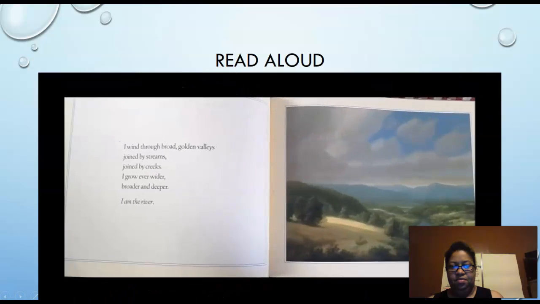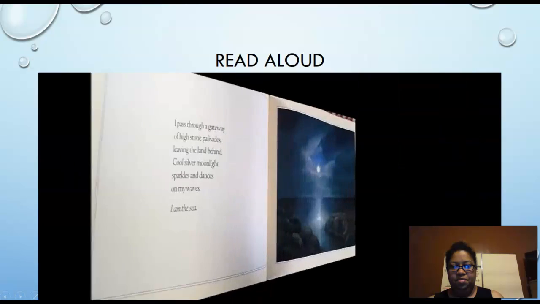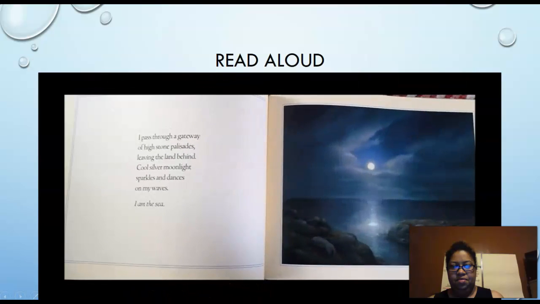I wind through broad golden valleys, joined by streams, joined by creeks. I grow ever wider, broader, and deeper. I am the river. I pass through a gateway of high stone palisades, leaving the land behind. Cool silver moonlight sparkles and dances on my waves. I am the sea.